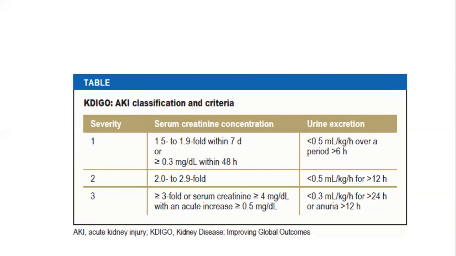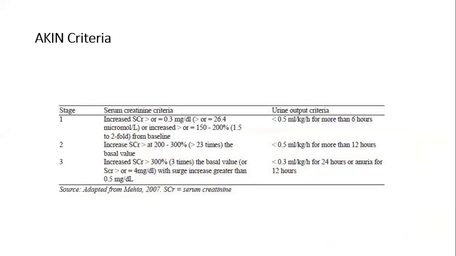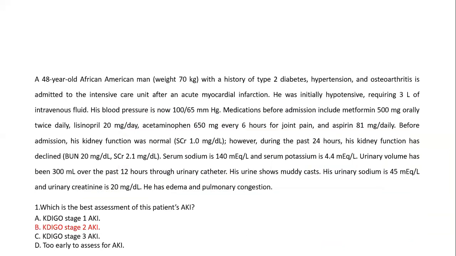And you look at the 12 hour window for stage 2. This patient's urine volume has been measured for 12 hours, and we have seen less than 0.5 mL per kg per hour. So it's very obvious that this patient's KDIGO class is stage 2.